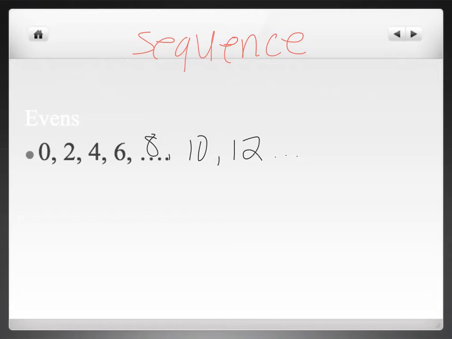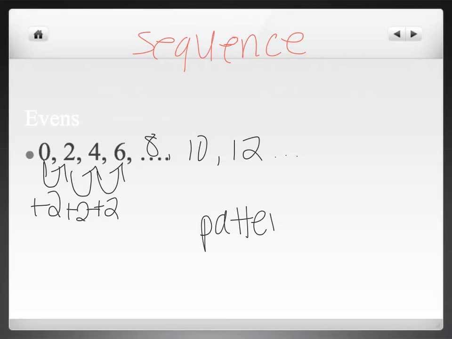Yes, I am skip counting by evens, but you could also say that I am adding 2. Adding 2. And I can continue to do that. When I add 2 every single time, this is known as a pattern or a rule.